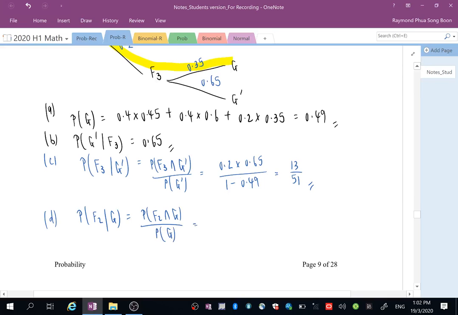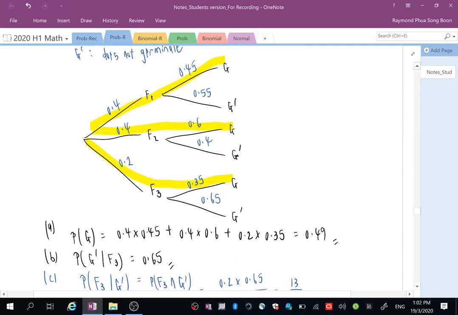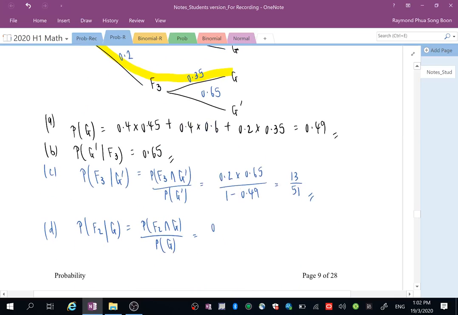The probability of F2 intersect G is 0.4 times 0.6, divided by the probability of G. Press your GC and you get the answer.